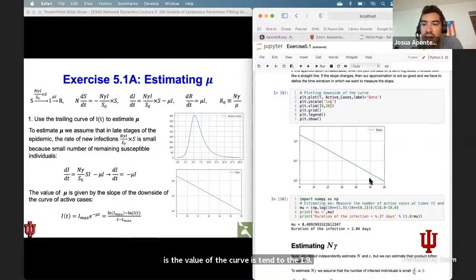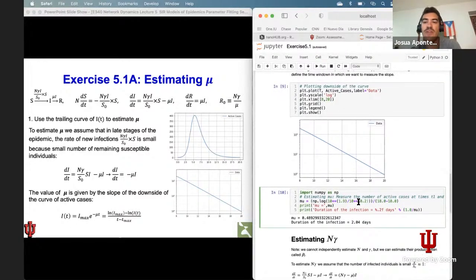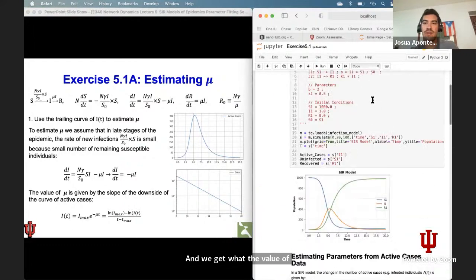At 18, the value of the curve is 10 to the 0.2. We plugged those values into this formula, which we get by solving this equation, and we get the value of mu.